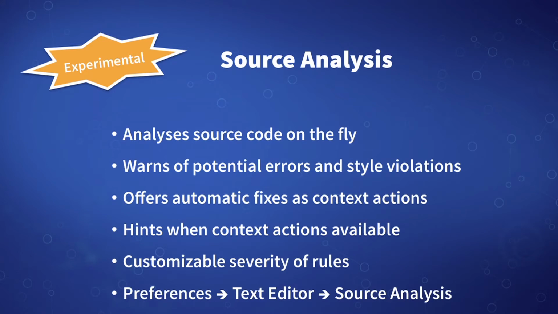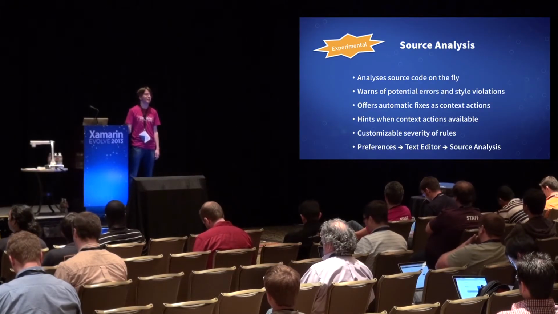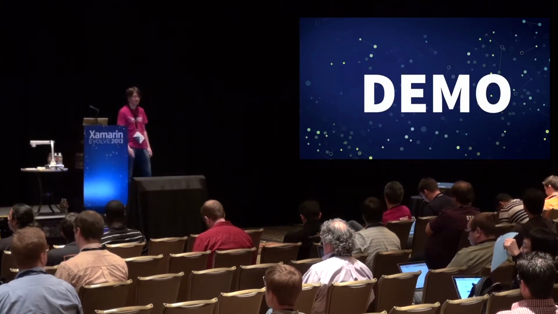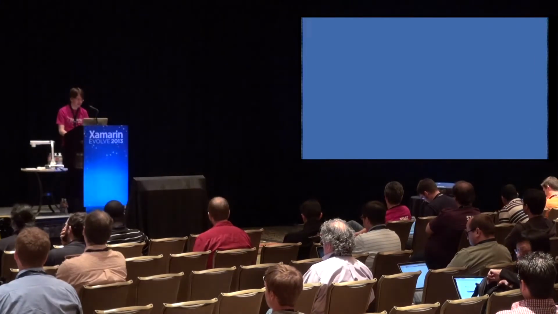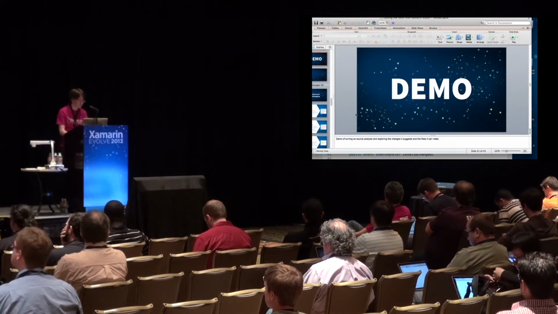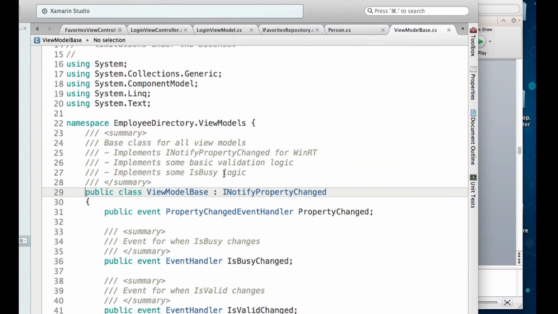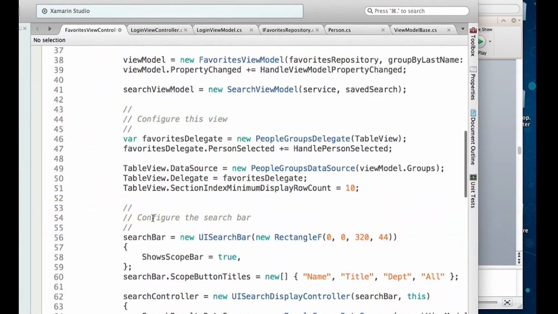Just go into Preferences, Text Editor, Source Analysis, check the checkbox that says Analyze Open Files. So I'm just going to show that off now because it is my favorite feature. So here we are. I am going to navigate back to a file that has a little more code in it.